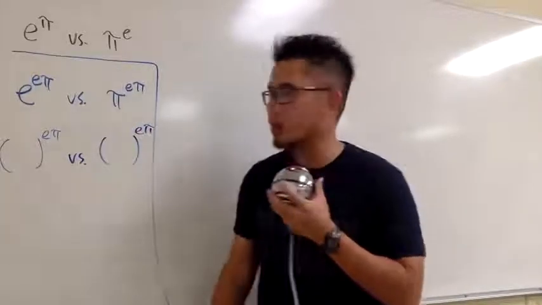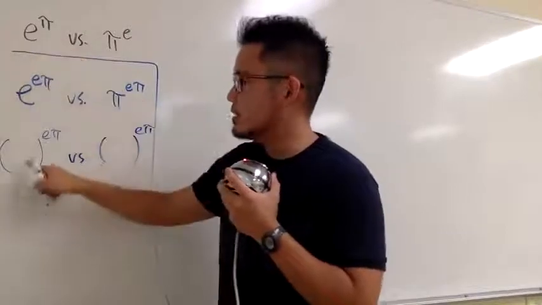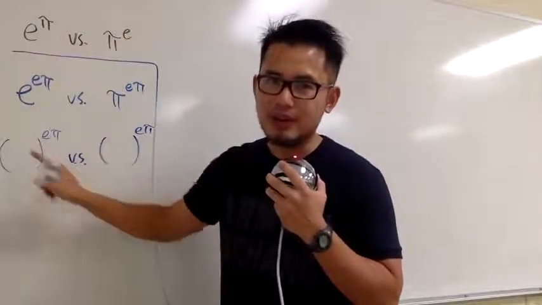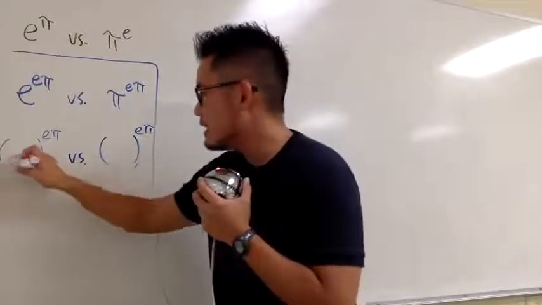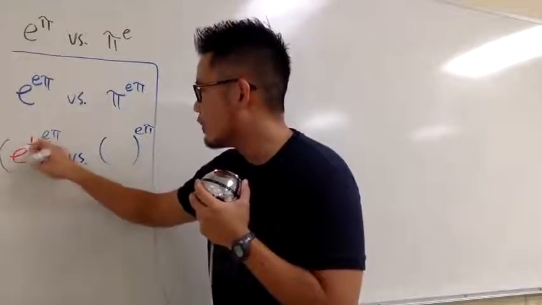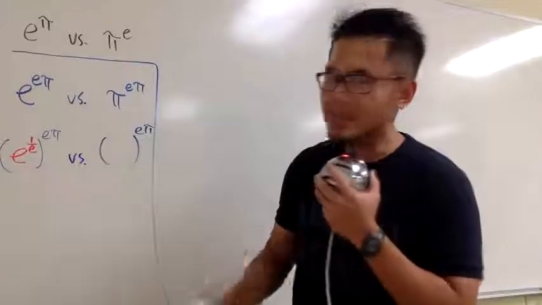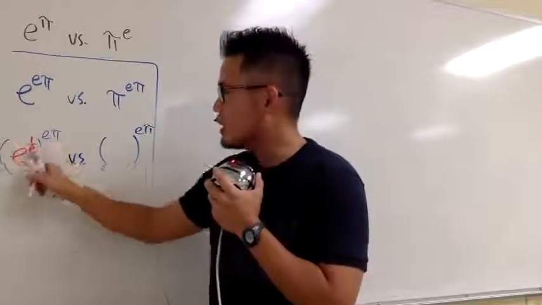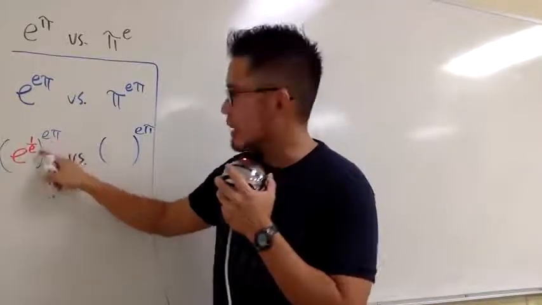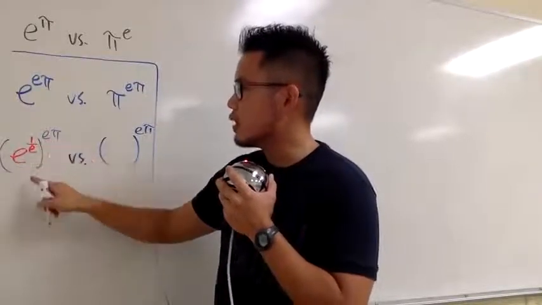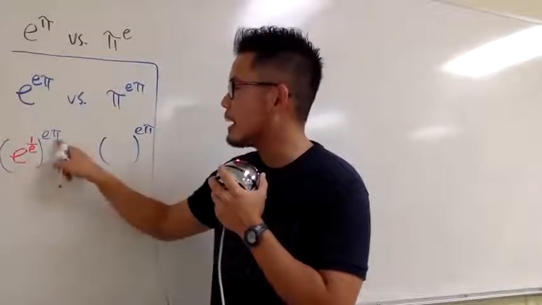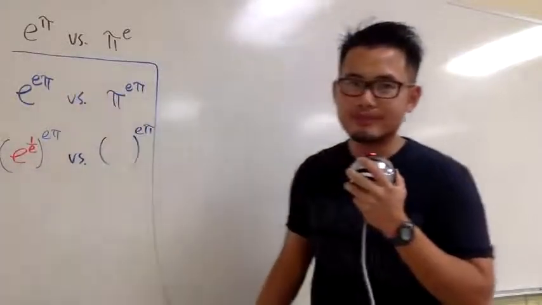Now let me ask you, if I want to keep the same as the original, what should I put down inside of these parentheses? The answer is e to the 1 over e power. Why? Because when we have this raised to a power, we have to multiply the powers, right? 1 over e will cancel with this e, so altogether we have e to the pi, which is still the original.